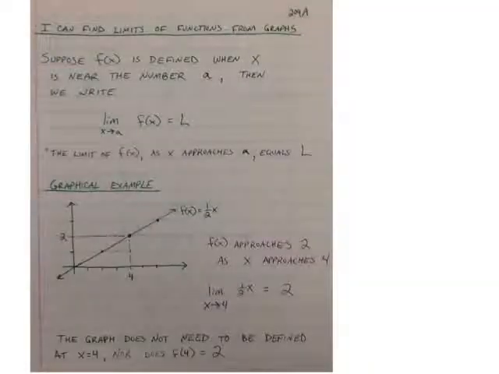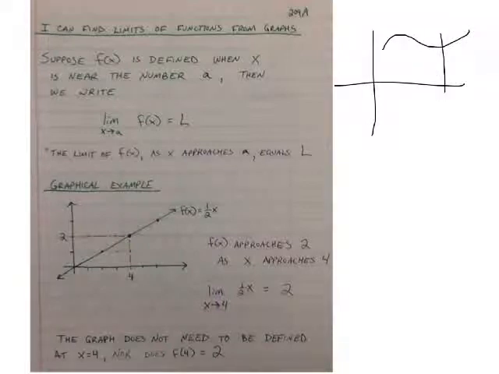Alright, we'll start our notes on page 209a. Suppose a function f of x is defined when x is near the number a. What that means is if we have a curve and we've got some spot which we'll call a, the function is defined.